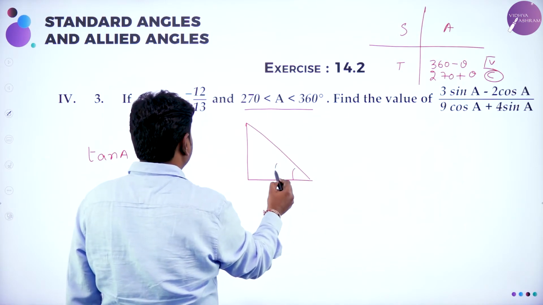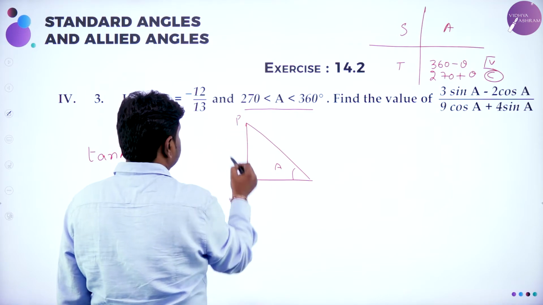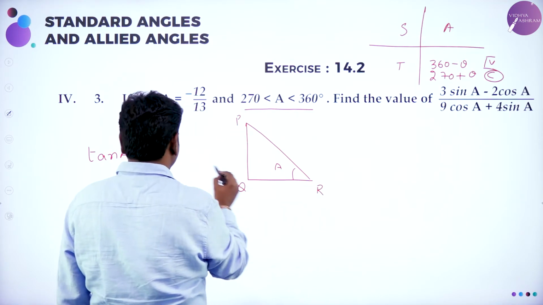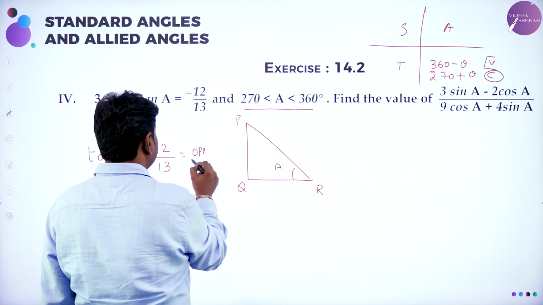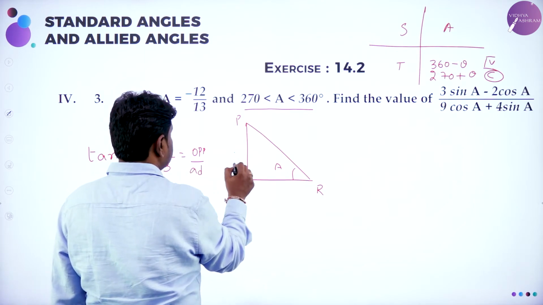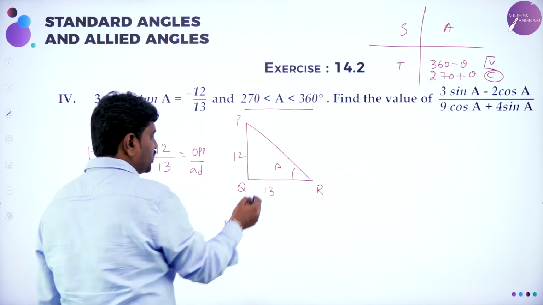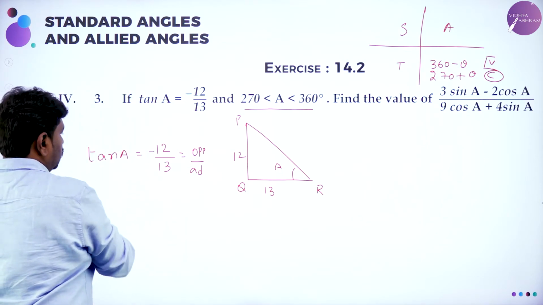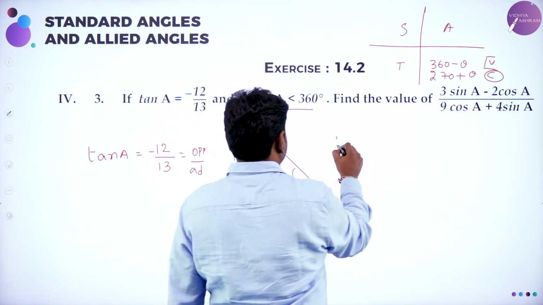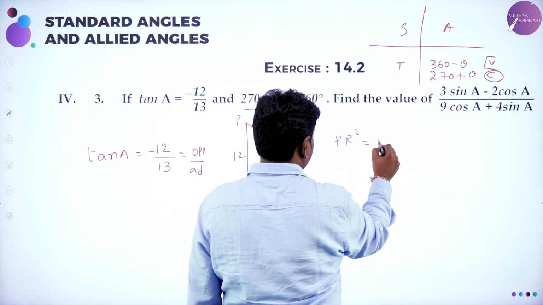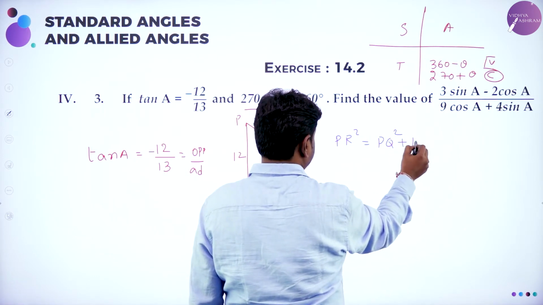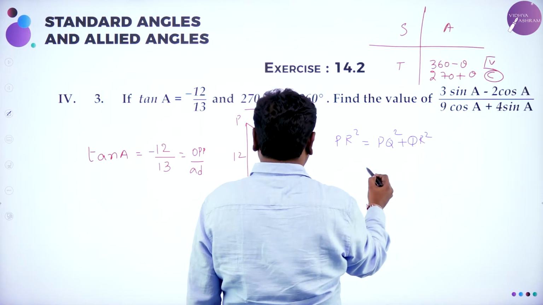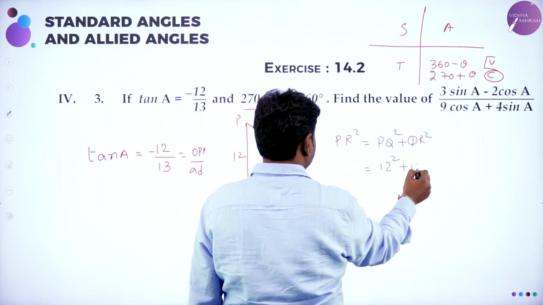Now if I take this as angle A and triangle as PQR, all of you know tan means what? Opposite side divided by adjacent. So this is 12, this is 13. So now use Pythagoras theorem to get PR square. PR square is equal to PQ square plus QR square. That is 12 square plus 13 square.